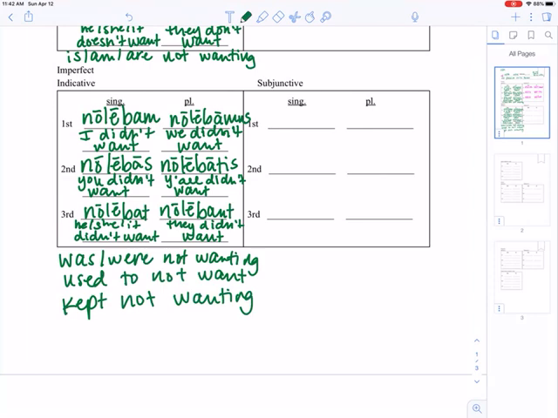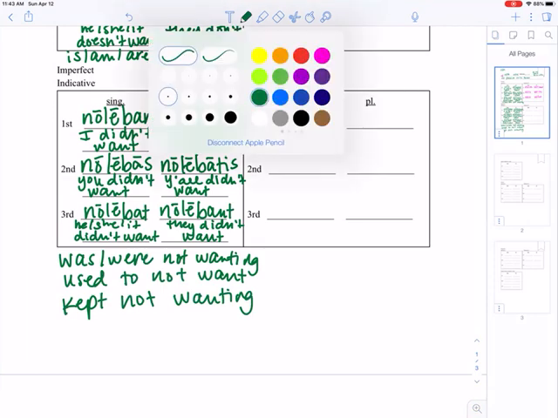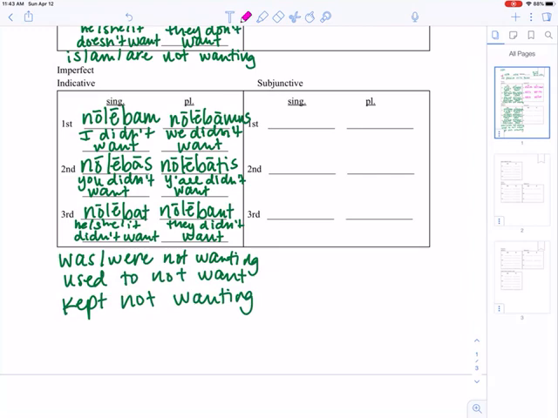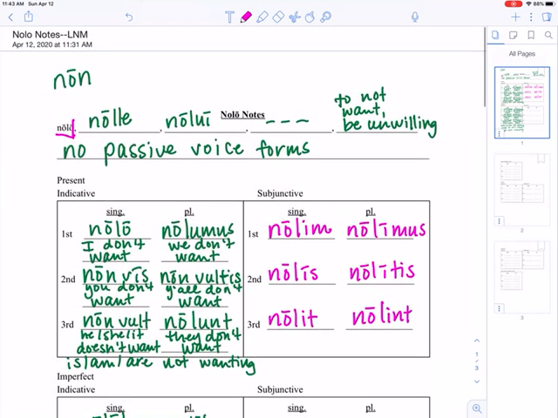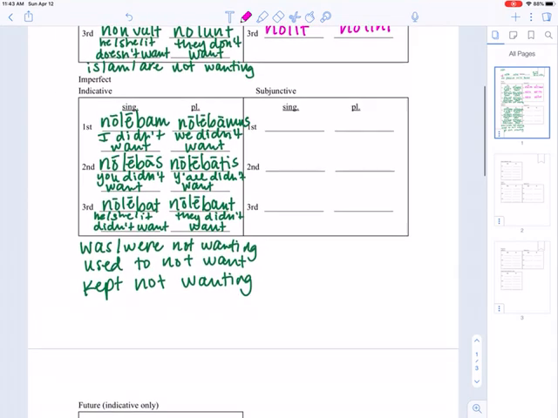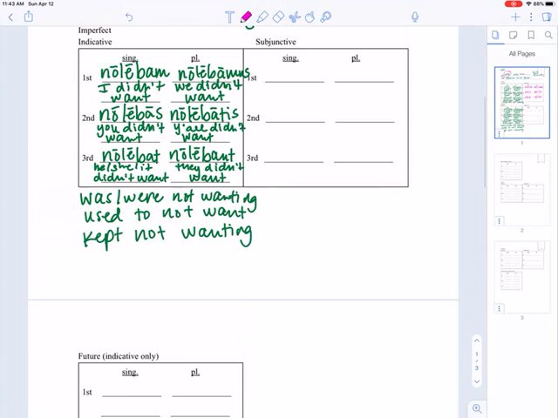Okay, now over here on our subjunctive side, we'll go back to the hot pink. Okay, I'm going to scroll back up here. We're now going to take nōl, and nōl is going to be our stem here. All right, so nōl, and we're just going to add that imperfect subjunctive marker, mus. Okay, so we have nōllem.